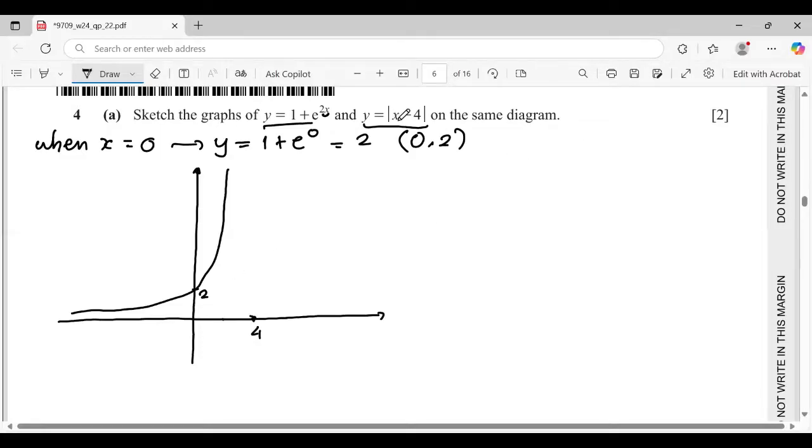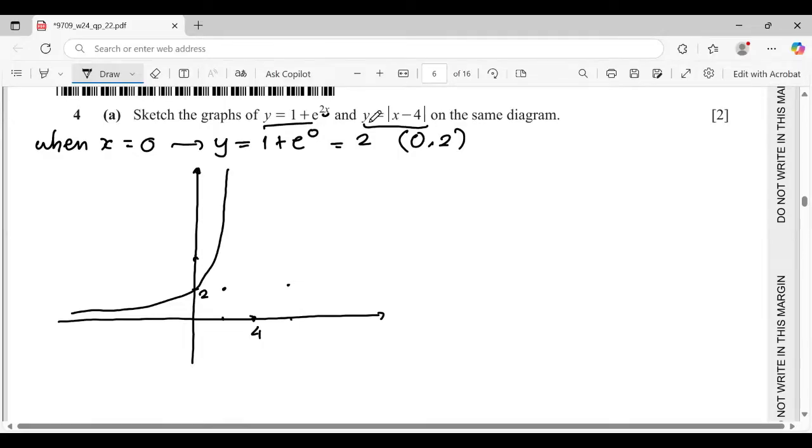If x equals 2, y equals 2 also. And if x equals 0, y equals 4, because modulus of minus 4 is 4. And if x equals 6, 6 minus 4 is 2, so 6 is around here.